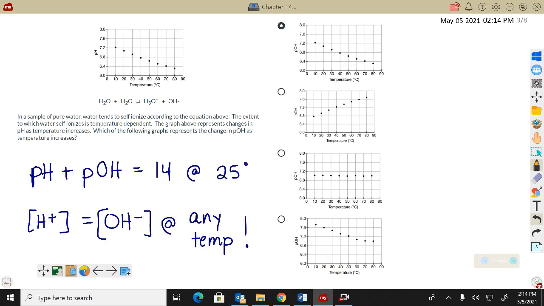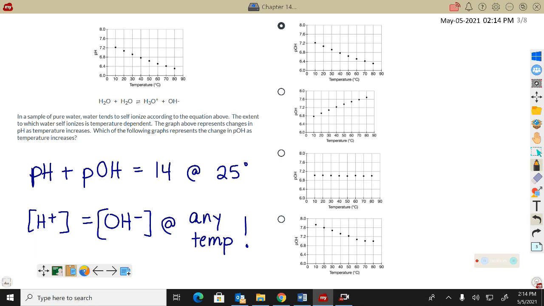This was one of the questions that was a bit of a stumper. And so they gave me this graph that represents the pH of a sample of water versus temperature. All right, so at 25 degrees, the pH of water is 7.